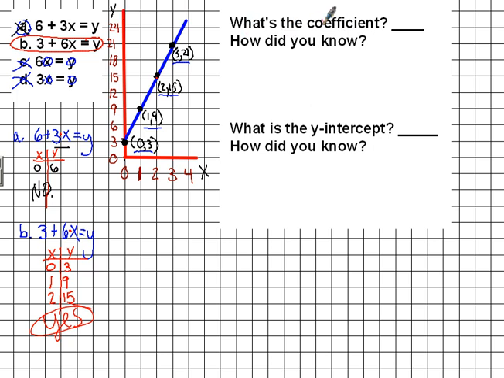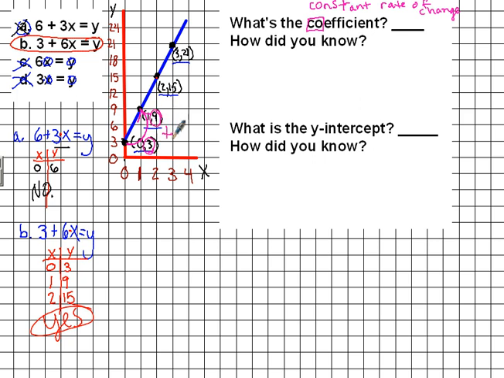What is the coefficient? Well, remember that coefficient is the constant rate of change. So as I look over here, I can see that to get from this point up to this point, I'm going from 3 on my y-axis to 9 on my y-axis.